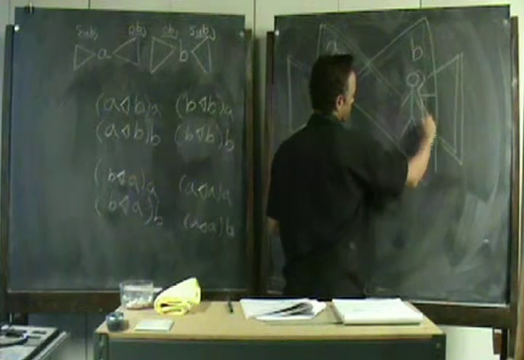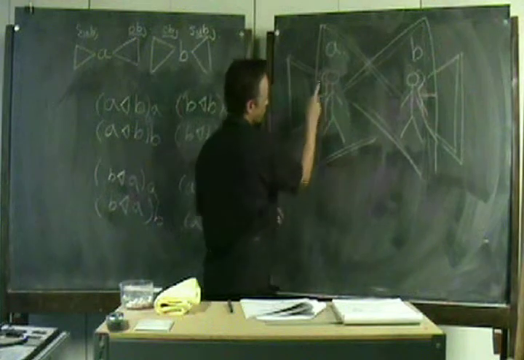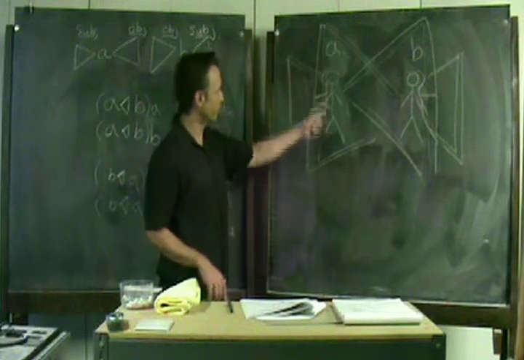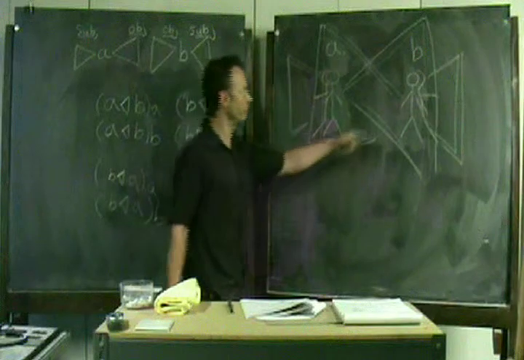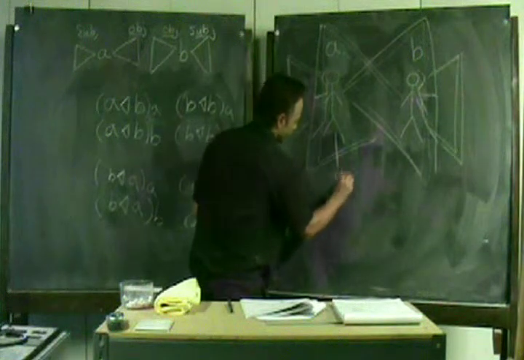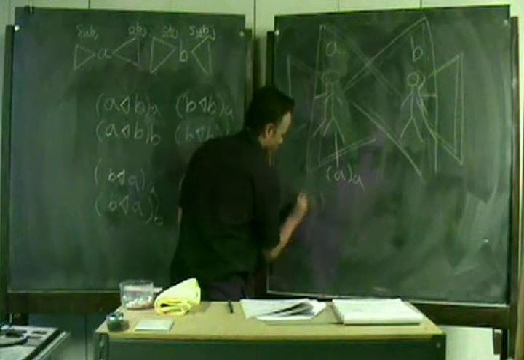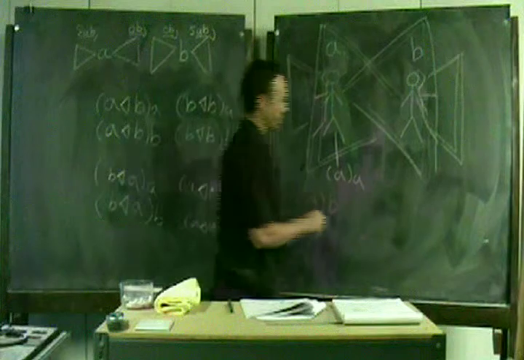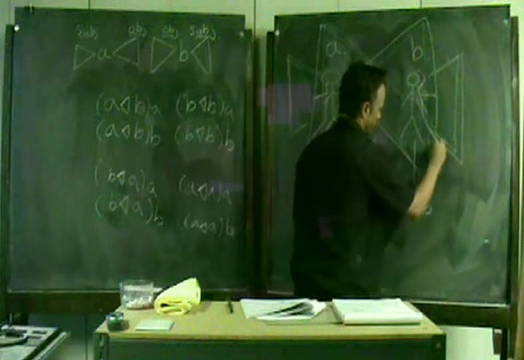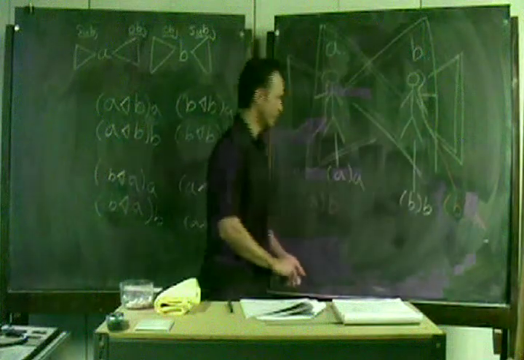They're sort of like, there's the other B. Here's the other A. And one of them is A relative to A, one of them is A relative to B, one of them is B relative to B, and one of them is B relative to A. So we'll go ahead and go A relative to A, and A relative to B. And then we have B relative to B, and B relative to A.